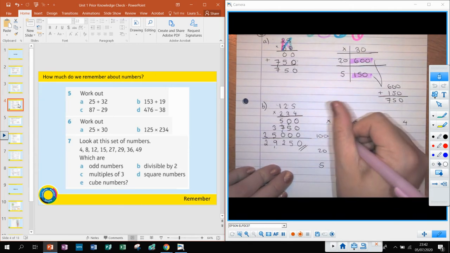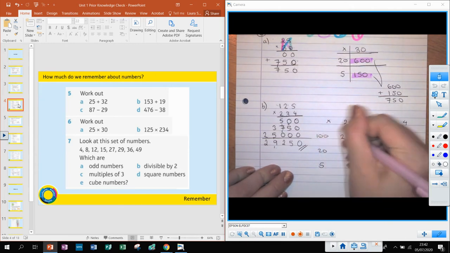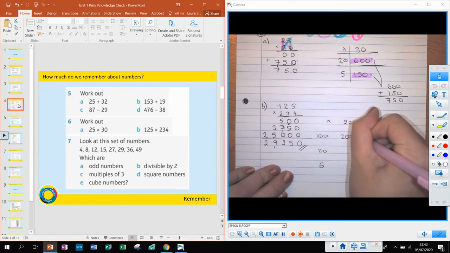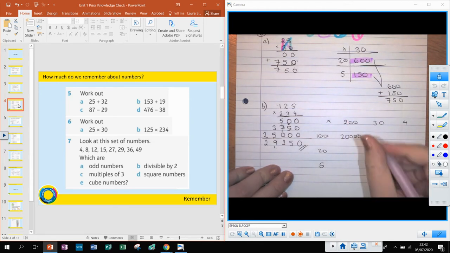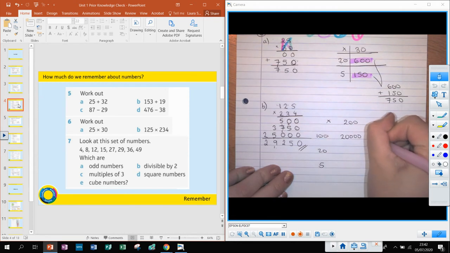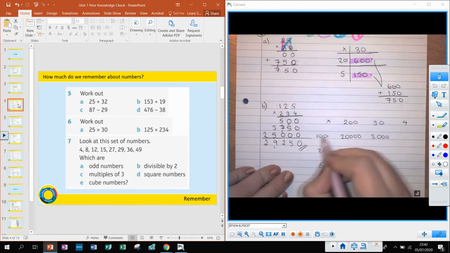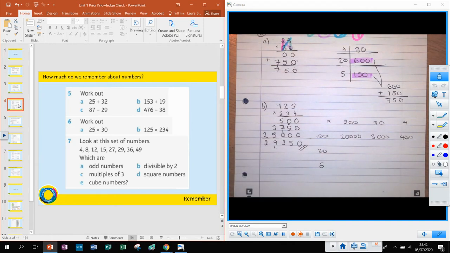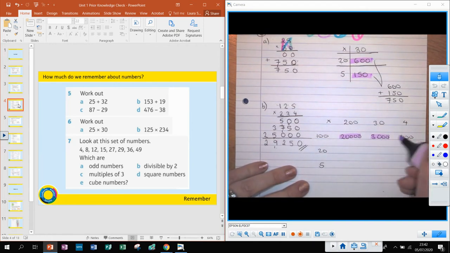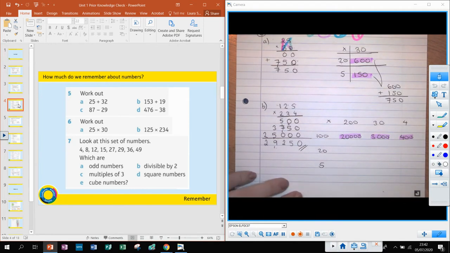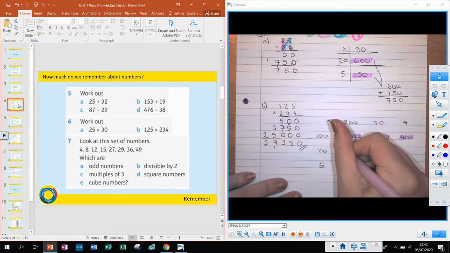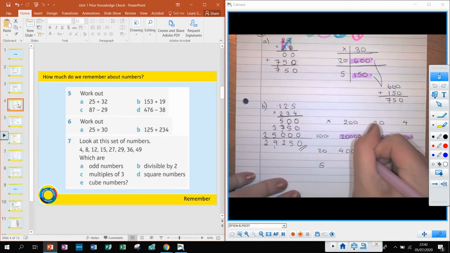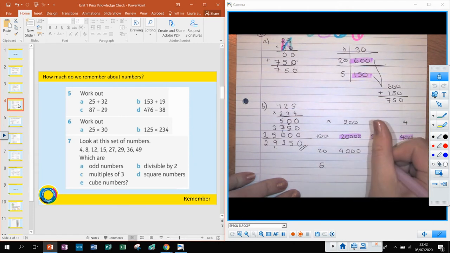200 times 100, well, 2 times 1 is 2, and then we have 1, 2, 3, 4 places. Okay? 30 times 100, 3,000. 4 times 100 is 400. Okay, so these 3 will be the first 3 that we add together in a moment. 20 times 200, 4 and then 3 places. 30 times 20 is going to be 6 and then 2 places. 4 times 20 is 80.